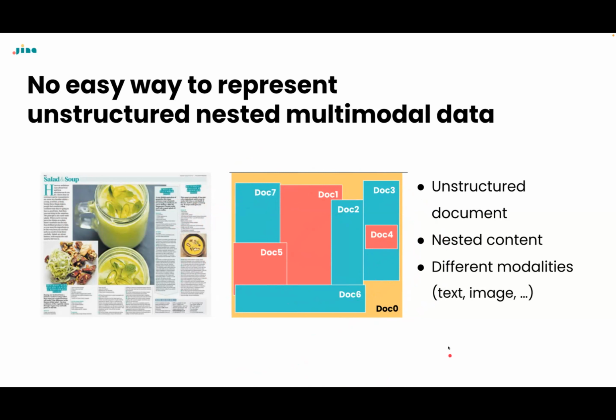And also you can see there's some nested structure. For example, this one is its own document, but inside that there is also an image. So there is also a nested structure for multimodal data.